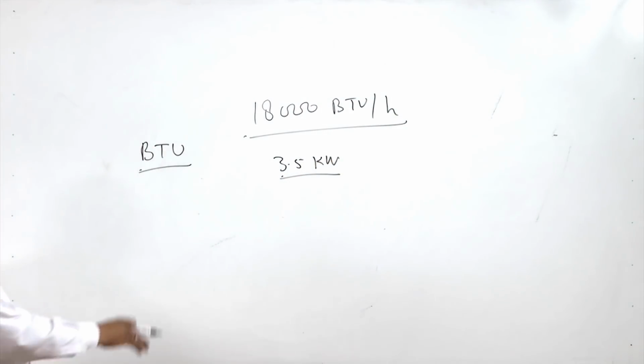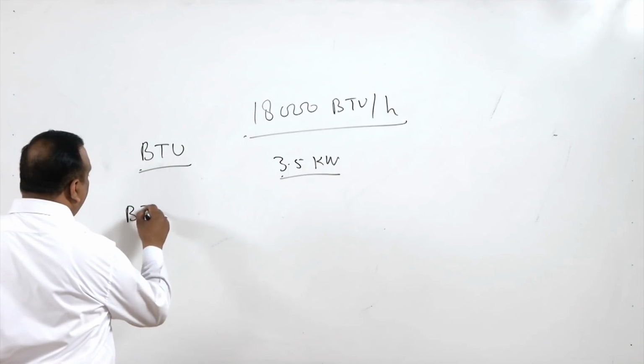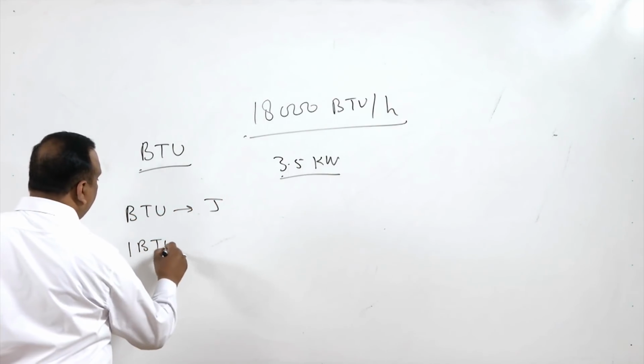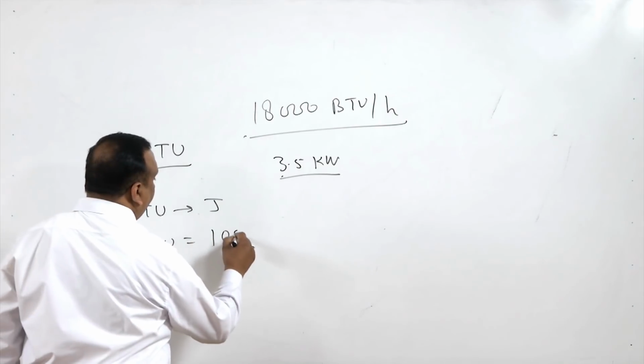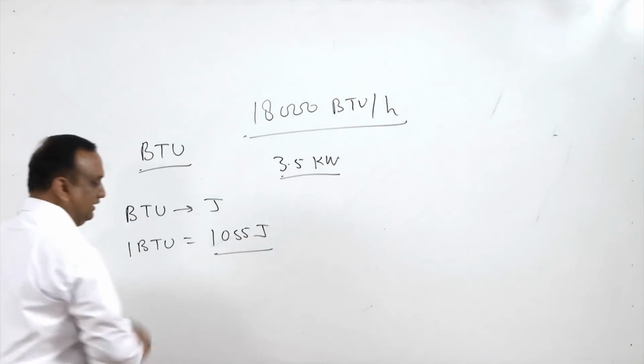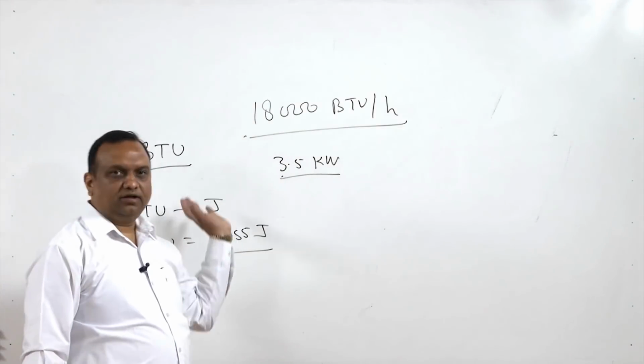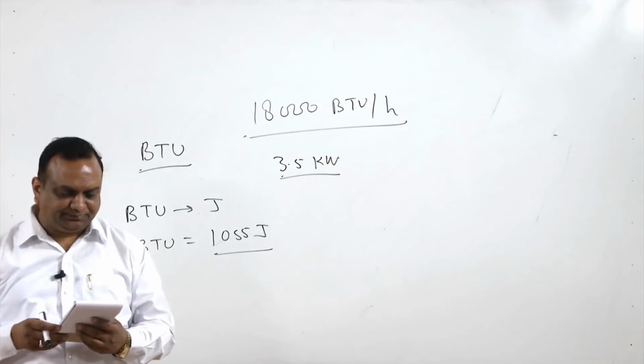So if we convert BTU into joules, 1 BTU is equal to 1055 joules. So by using this conversion, you can convert BTU to the joules.